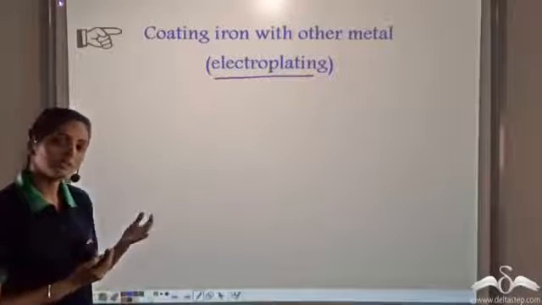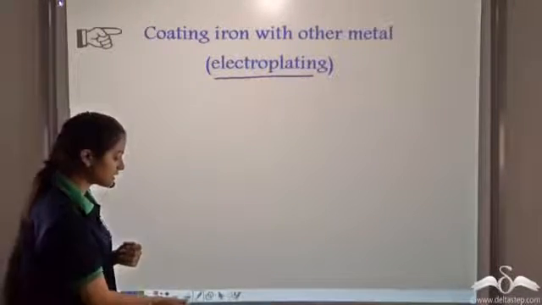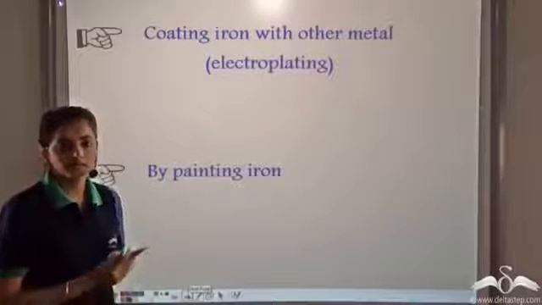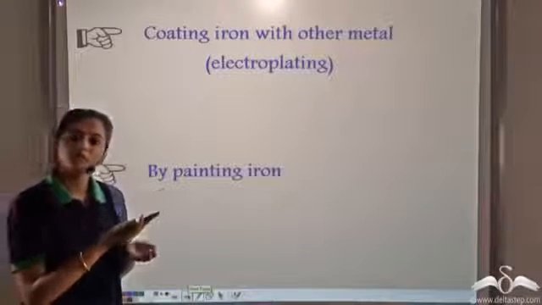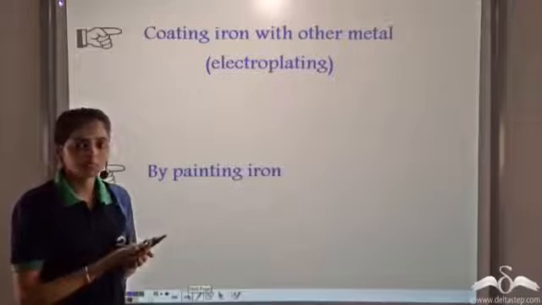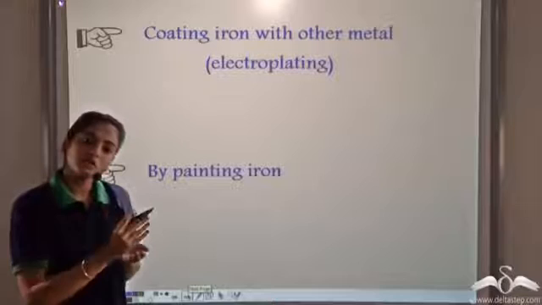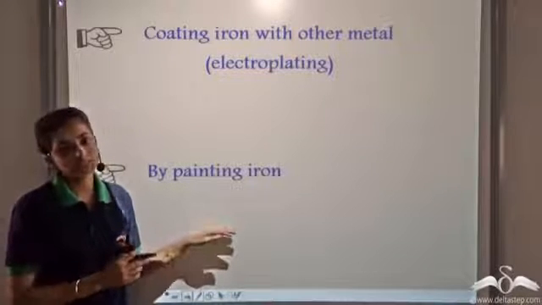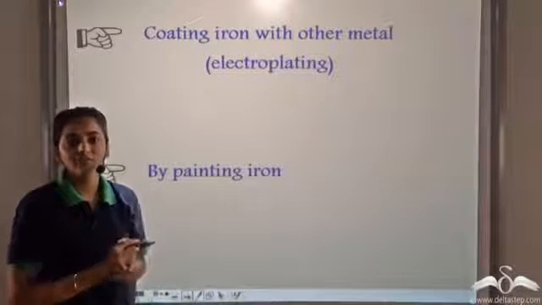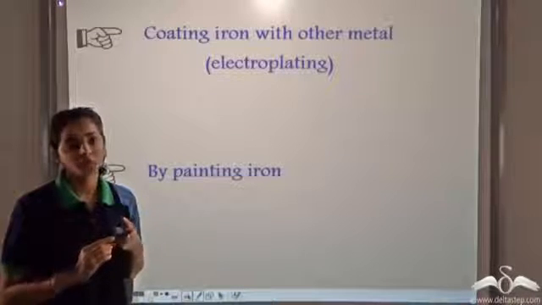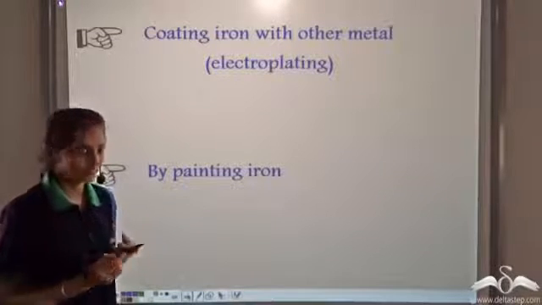And one more method which works on similar lines is painting iron. When we paint iron with some other substance, even that prevents the surface from coming in contact with oxygen and moisture, so it prevents corrosion. So these are the different ways that we can use to prevent corrosion.